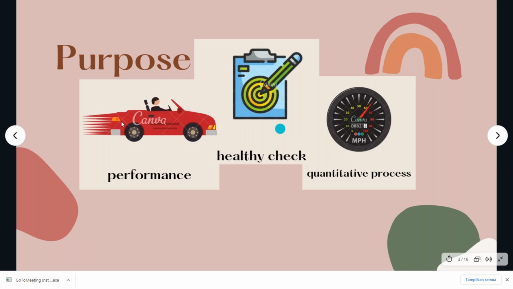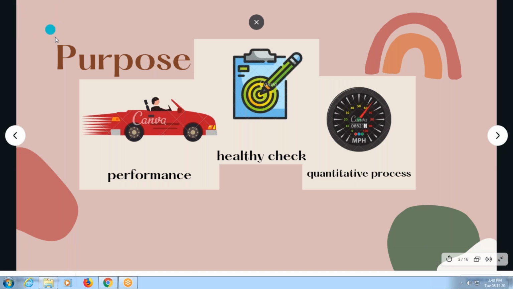So we will learn about ratio analysis. What's the purpose of learning ratio analysis? There are three main purposes of ratio analysis.